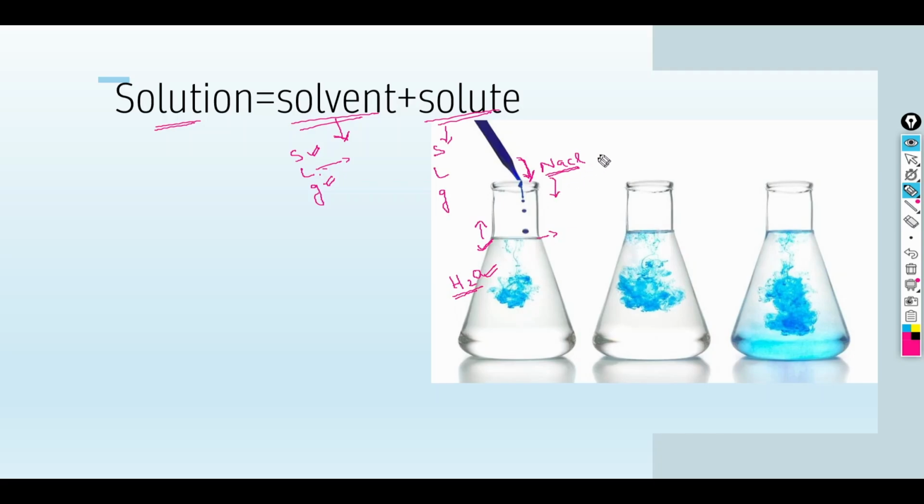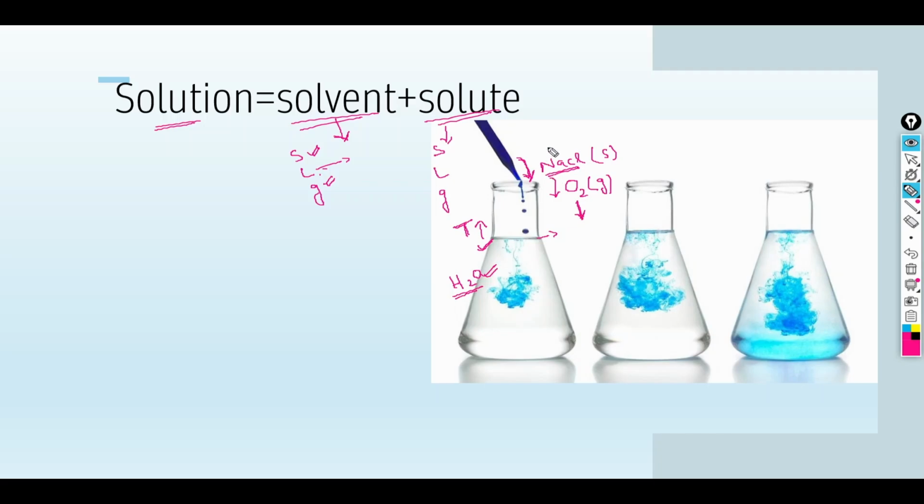This is for the solid state. So first we are taking the example of this solid. Then what if the solute is in the gaseous state? Suppose you are dissolving O2, oxygen, into water. So this is in the gaseous state. In that case, if we increase the temperature, then the solubility of this oxygen gas will decrease.